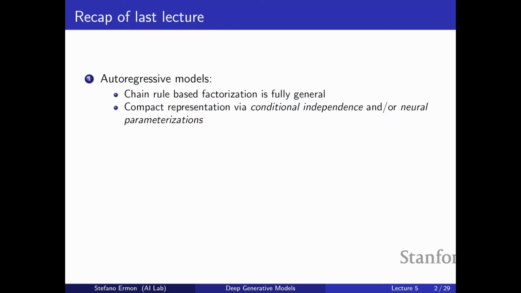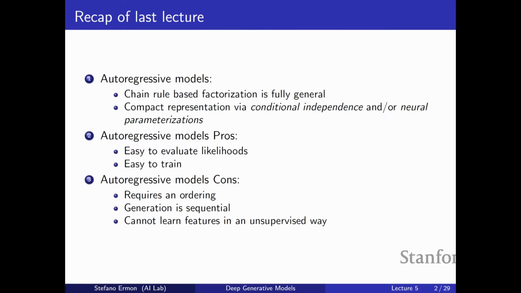At the end of the day, the core underlying idea is really this autoregressive factorization of the joint. And we've seen that autoregressive models are good because they give you access to the likelihood. It's relatively easy to evaluate the probability of any data point. You just multiply together the conditionals.